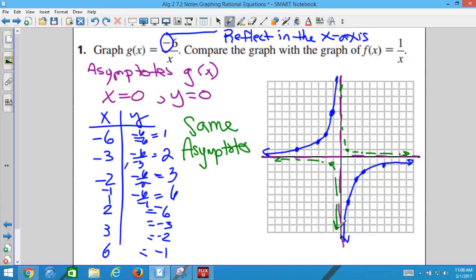Here, I regraphed the parent function also, just in case we need it. The asymptotes are the same. What else is the same? Domain and range. So the same asymptotes, same domain, same range. What's different?